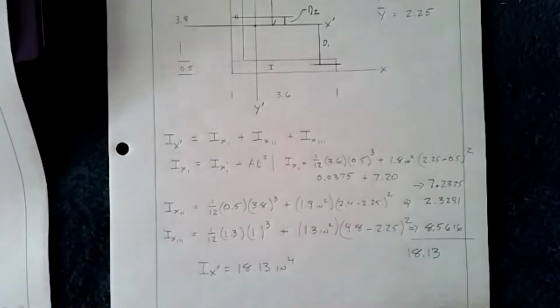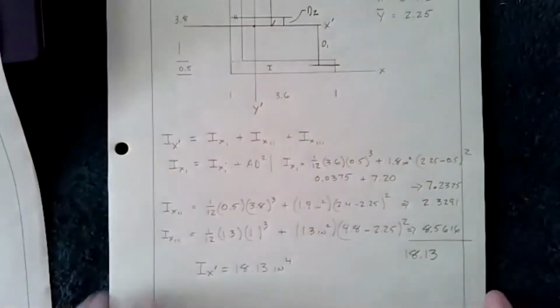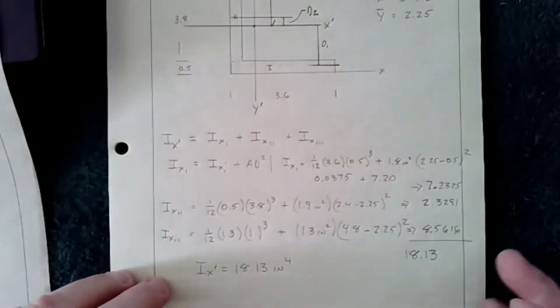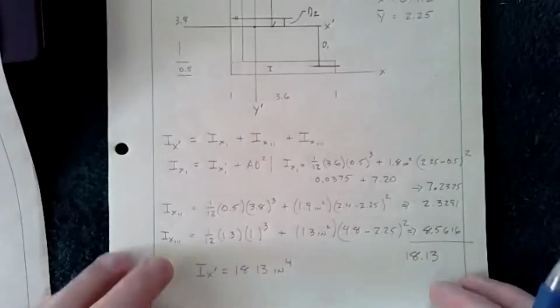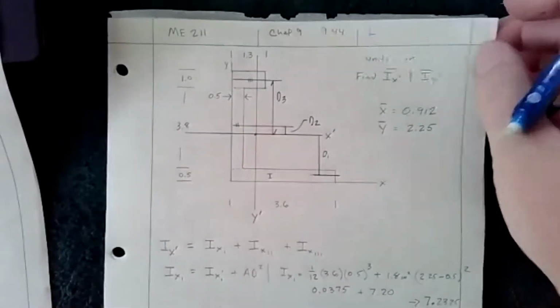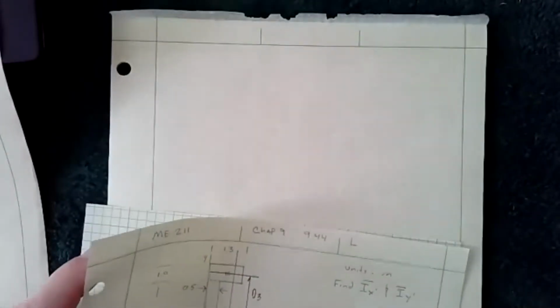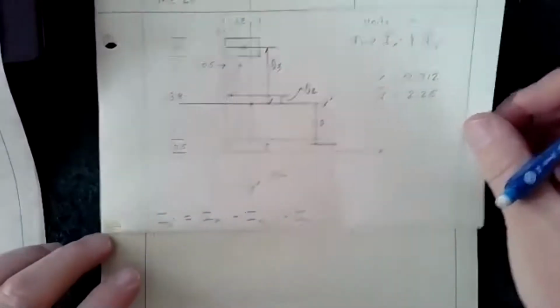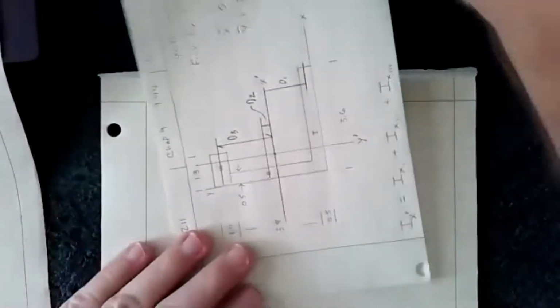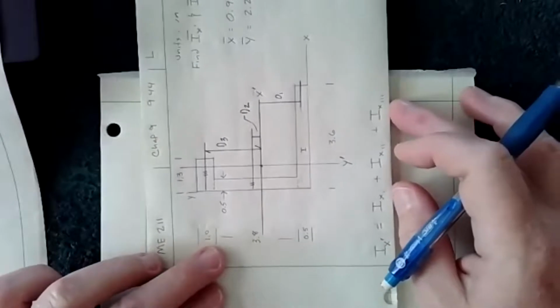So we're not done yet, because we also want to look at what happens if we do it about the y-axis. So with the y-axis, we kind of think of it as now we've turned it this way.